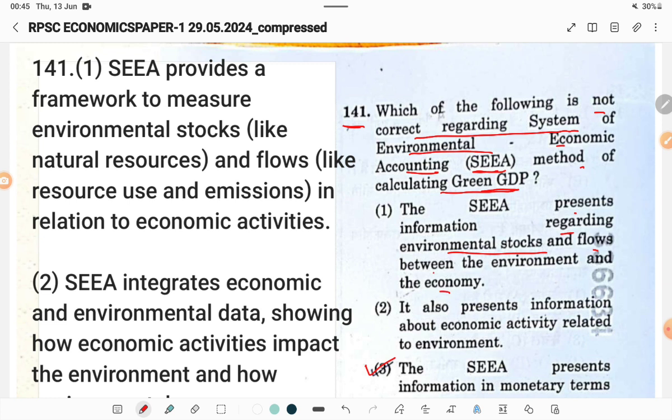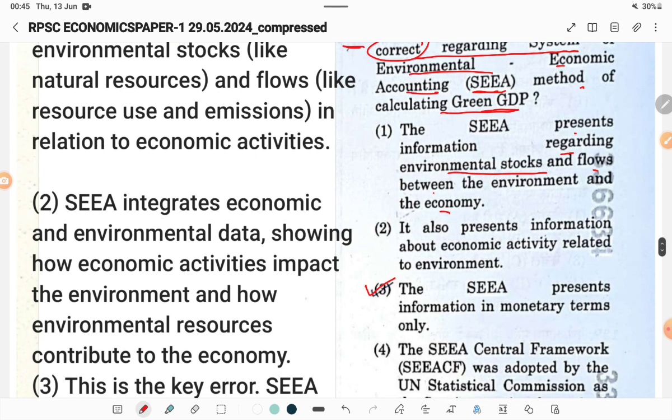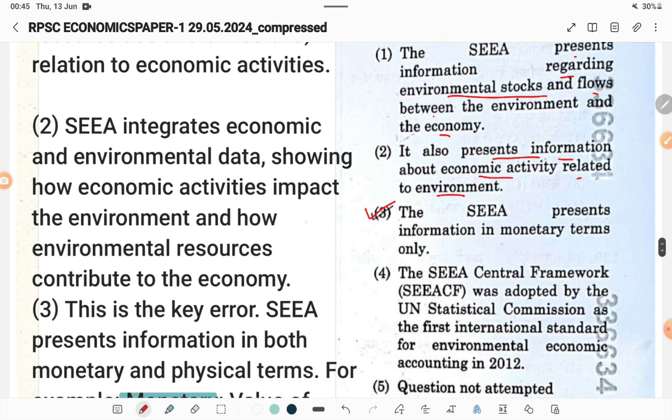This is the right statement here, but the question is asking about not correct. In the second, it also presents information about income activity related to the environment. This is also correct. And the SEEA represents information in monetary terms only. This statement is wrong here, and this will be the right answer.